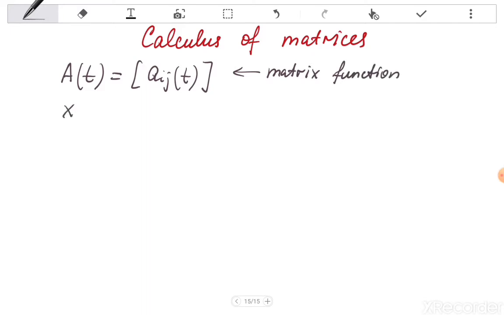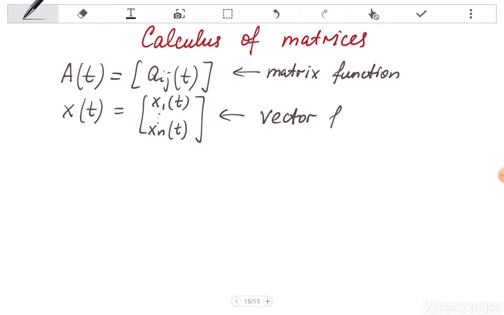Similarly, vector function, this is just a vector whose elements depend on variable t. So this is vector function. And we say that the matrix function or vector function is continuous at some point.